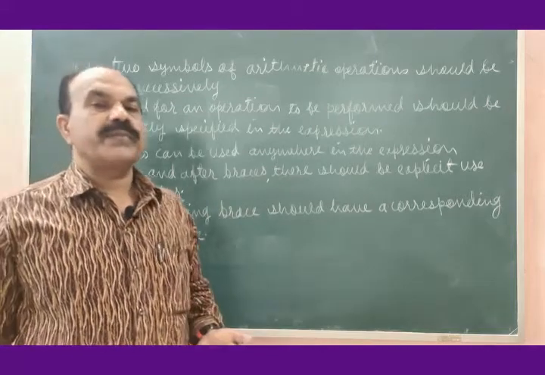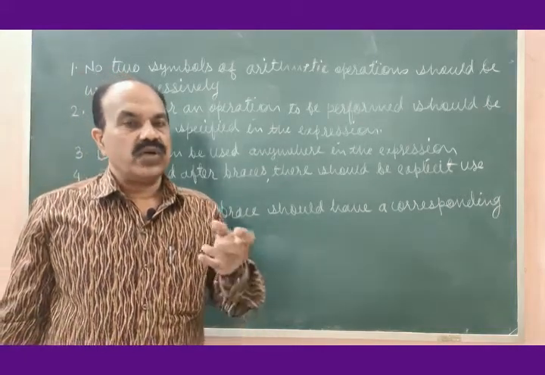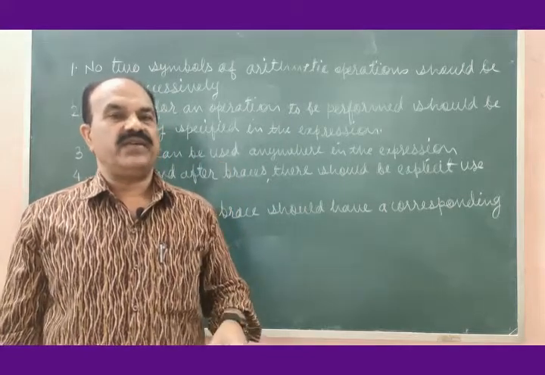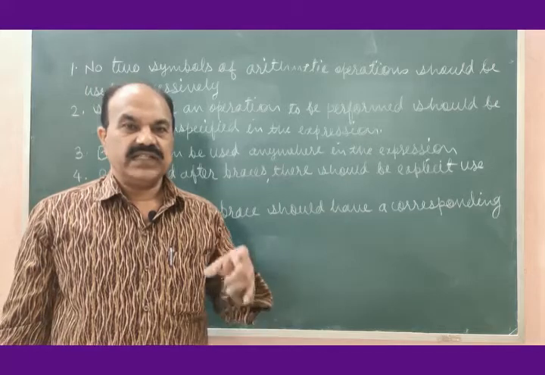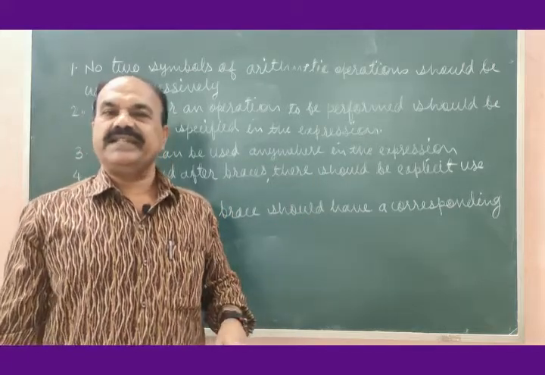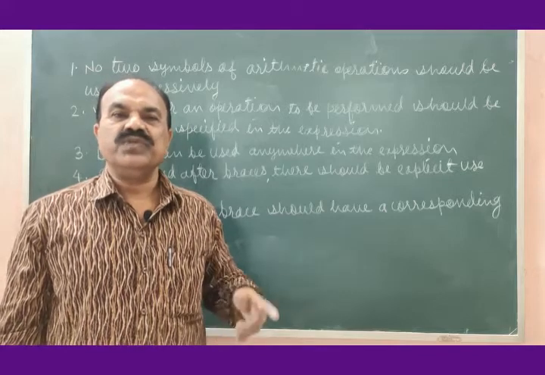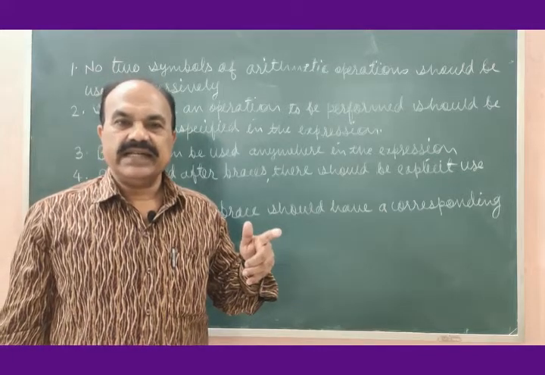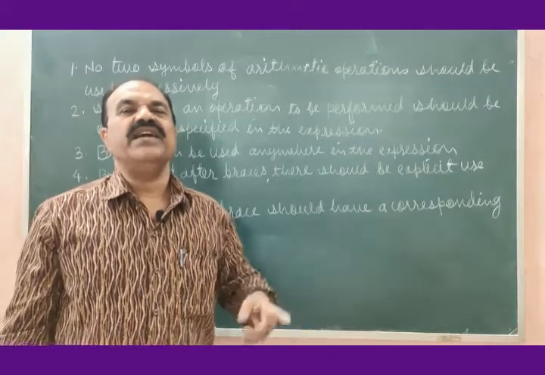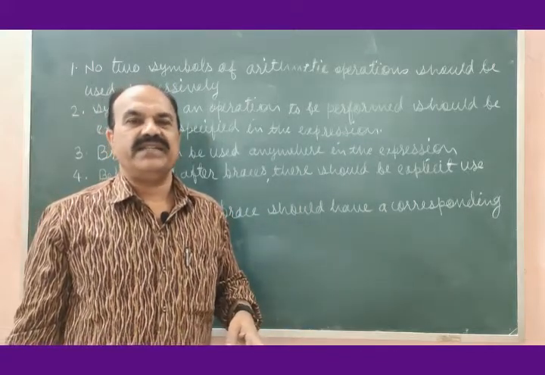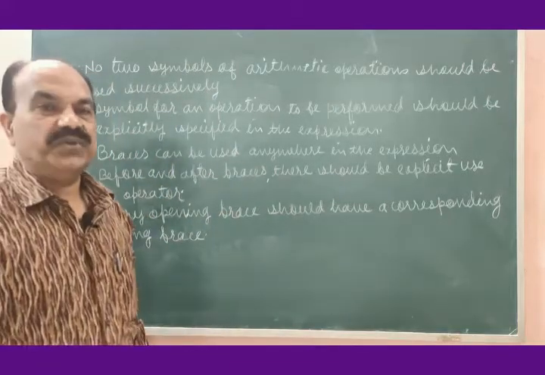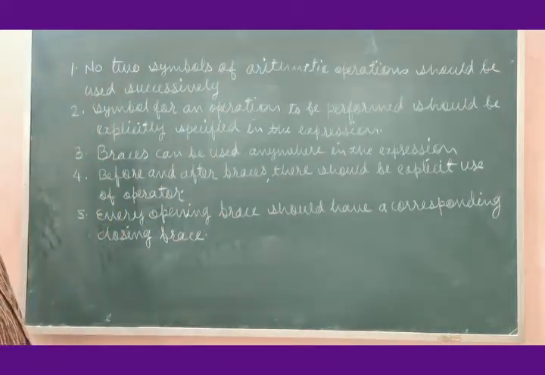Before these rules, we have talked about the symbols used for various arithmetic operations. These symbols must be used in the arithmetic expressions to explicitly represent that operation. And we have to use these 5 rules. I will read once more.